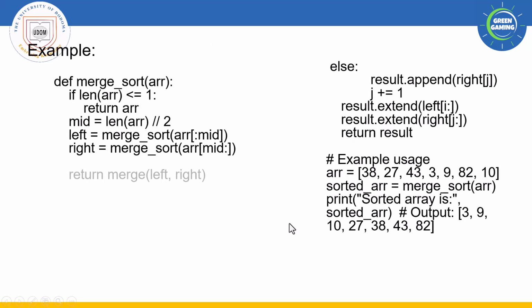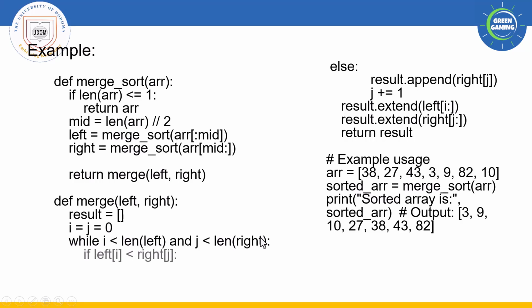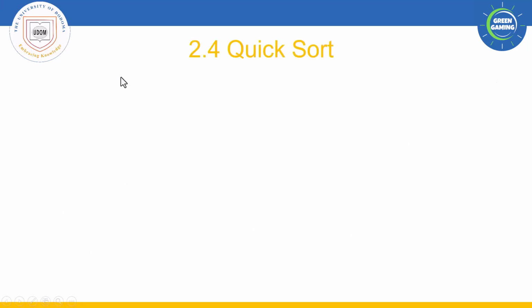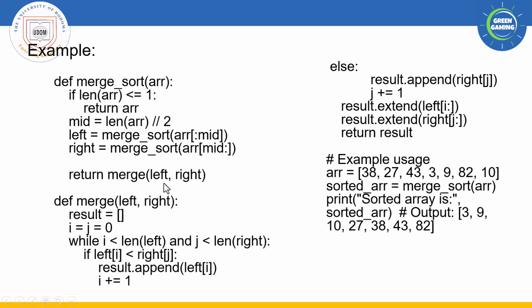Assume we have this one. As I said before, the merge sort algorithm will divide our list into two. We have left, right, and mid. After dividing, we will call merge. This merge checks the left-hand side and the right-hand side of our list.